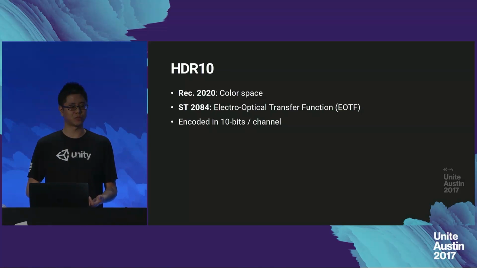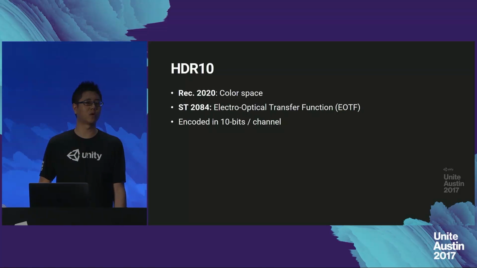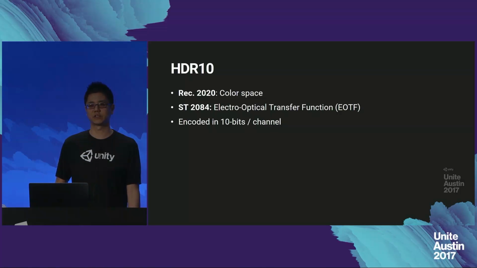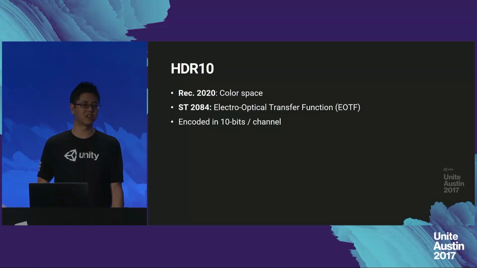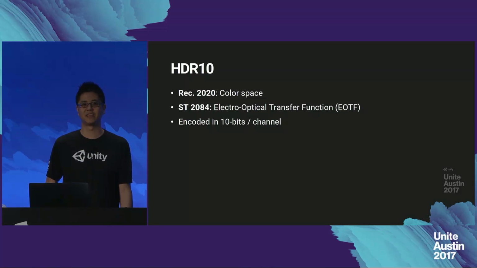Combined with a larger color space, the format also utilizes the ST2084 electro-optical transfer function, which controls the output luminance. All of this data is then encoded in 10 bits per channel, up from 8 bits we typically see today in non-HDR content. In general, these specifications are indeed very large jumps from the previously accepted standards.